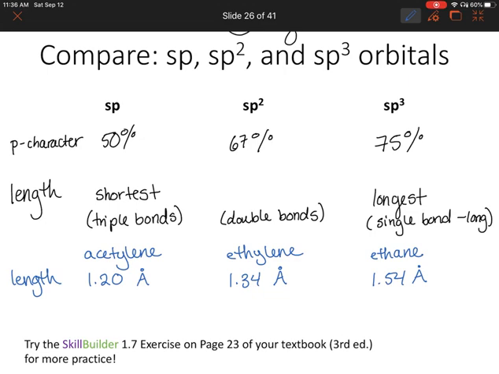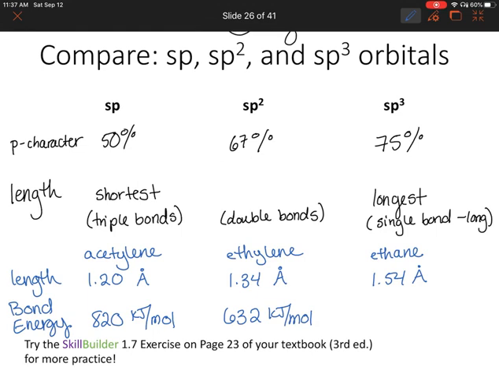All right, and then bond energy. Let's talk about how much energy it takes to break apart a triple bond versus a double bond versus a single bond. For acetylene, it takes 820 kilojoules per mole to break apart its triple bond. For ethylene, it takes 632 kilojoules per mole to break apart its double bond.